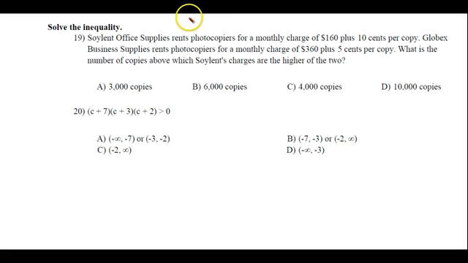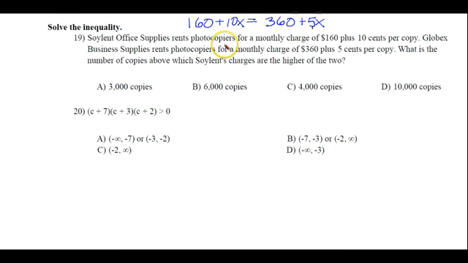So it's going to be 160 plus 10 cents a copy. X is the number of copies. And it's going to be 360 at 5 cents a copy.